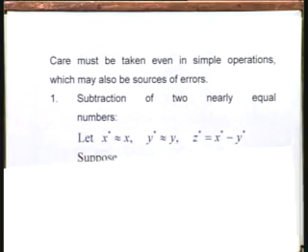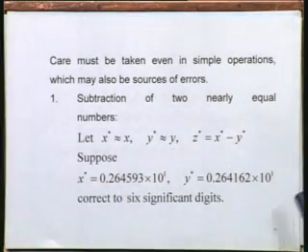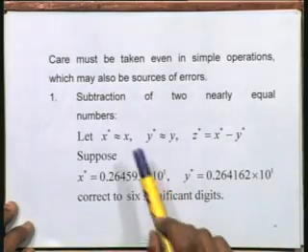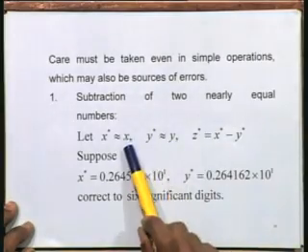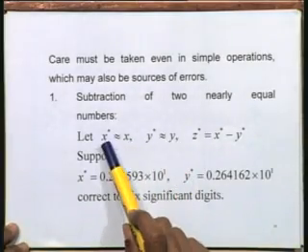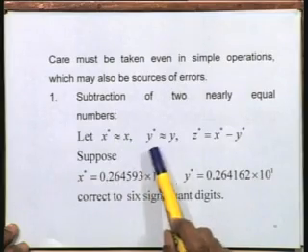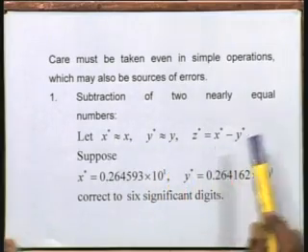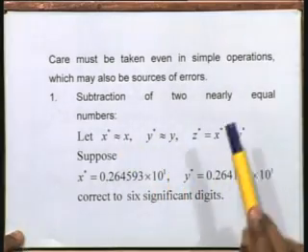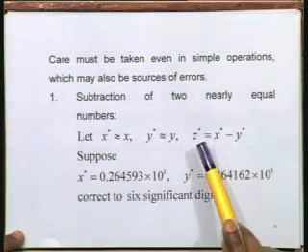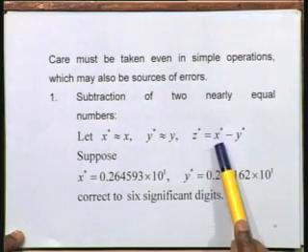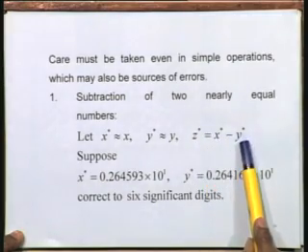Let me give an example and then say what I mean by this. Let us say x and y are the exact numbers, and x star is an approximation to x, y star is an approximation to y, and I want to subtract these 2 numbers. What I would get in the computer is z star, which is x star minus y star.